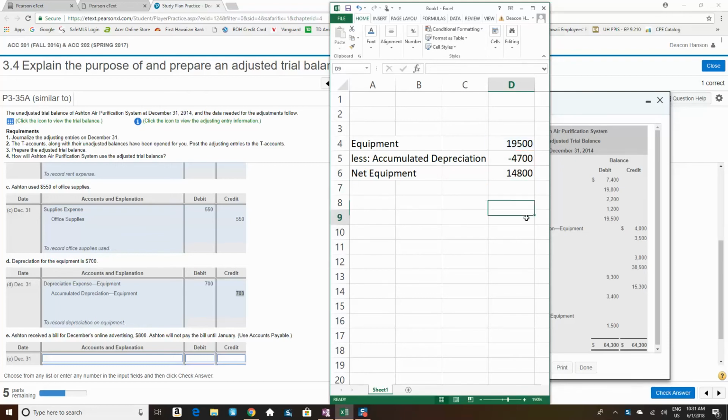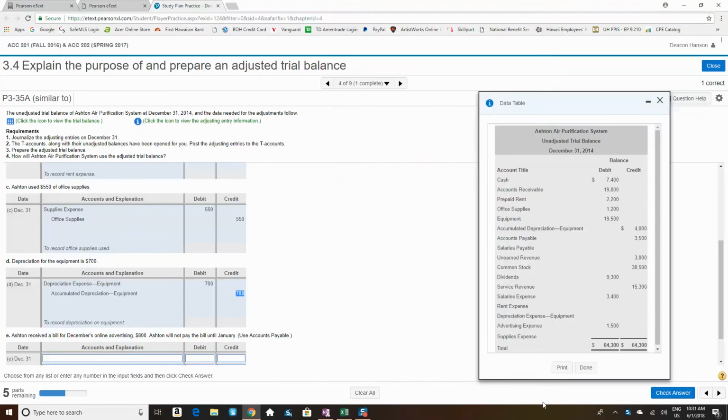That's how it would appear on the balance sheet, net of its cost. So cost minus accumulated depreciation. Remember, accumulated depreciation is a contra asset account.